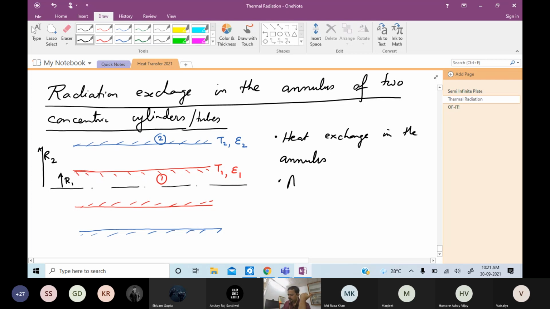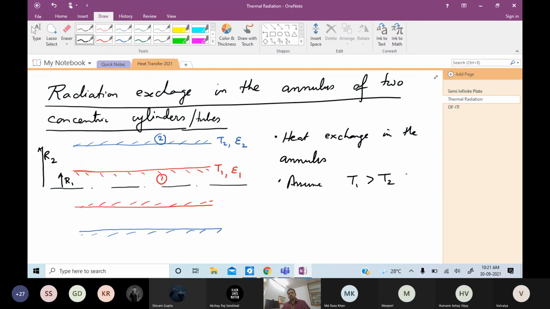Assume T1 greater than T2. That's okay, it doesn't matter. So radiation will go back and forth in the annulus, starting from surface 1. It will reach surface 2, and then successively get absorbed and reflected at the surface it encounters, just like before.